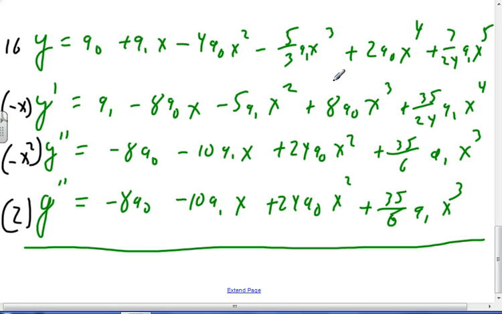Okay, so we're going to look at the first guy, the a0 term. I have 16 and I have minus 16. They go away. I look at the x term. I've got 16, I've got 20, minus 20.